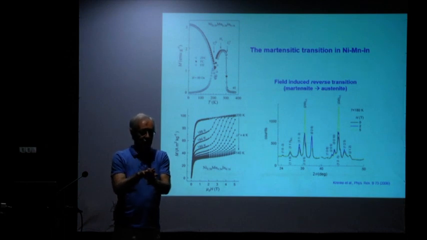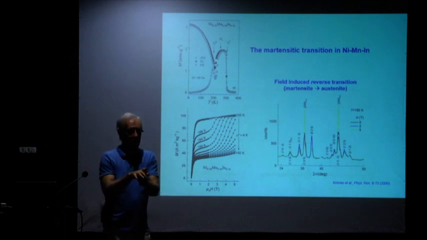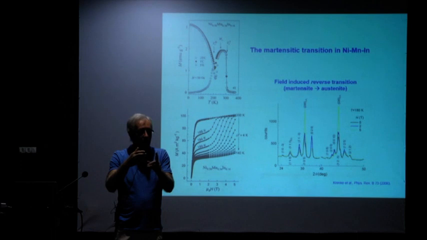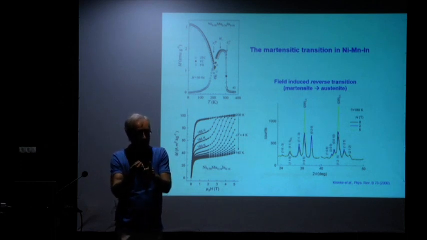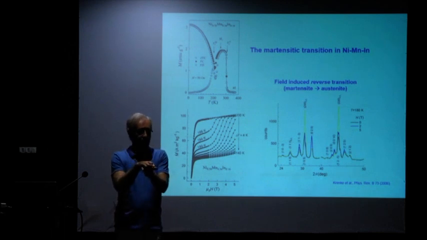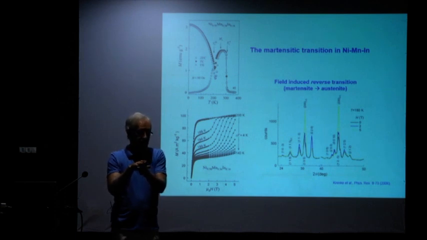And due to this interaction, through the magnetocrystalline anisotropy, you are giving a preferred crystallographic state. You need the magnetocrystalline anisotropy there, and you need the exchange, of course.